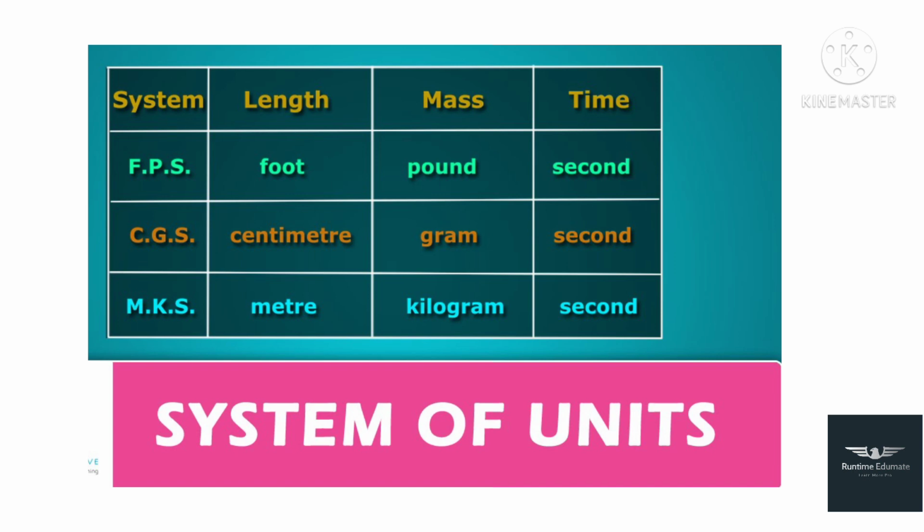Now, system of unit. Before we start, let us learn some historical background of it. In the beginning of civilization, when people felt the need of measurement, they used various parts of the human body as unit. For example, a foot length, an arm length, etc. were the various units of length at that time.